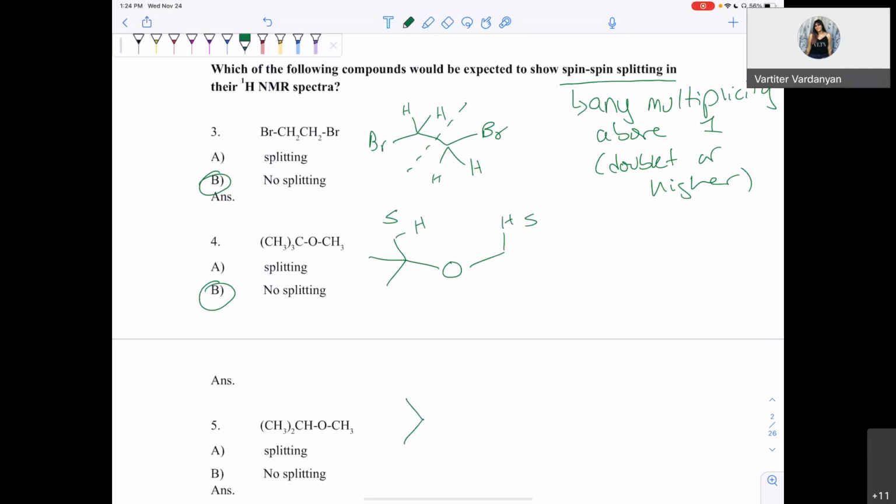Both of these guys are singlets. And then number 5 looks like this, and it's different because now we have an extra hydrogen signal. So does this guy have splitting?